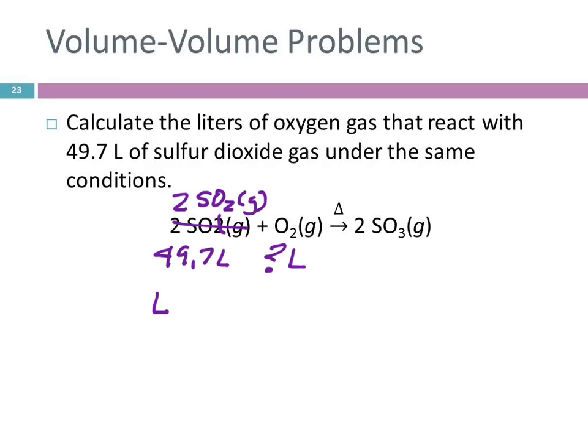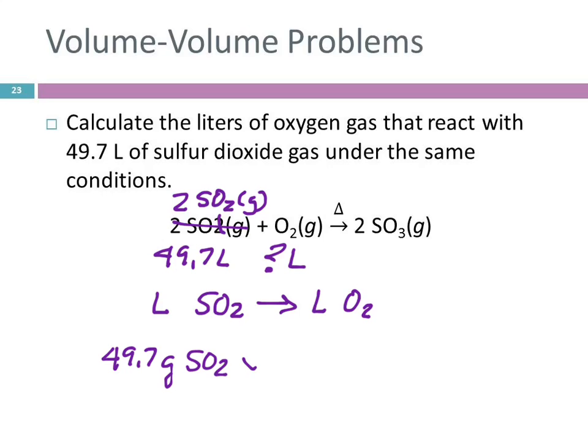I'm just going to have liters of SO2 directly to liters of O2. So 49.7 liters of sulfur dioxide. I want liters of O2 up here. I'm going to put liters of SO2 down there. Those cancel out.